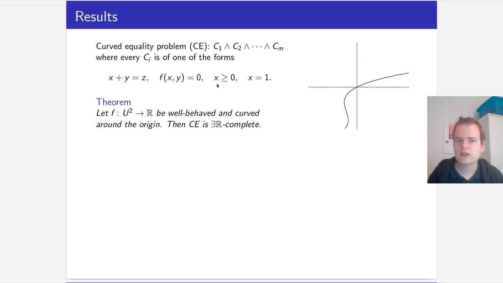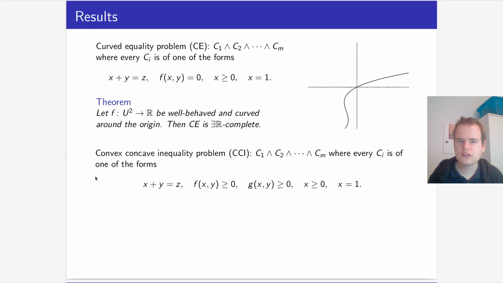In particular, if you look at the 0 set of f, then this should define a smooth curve through the origin. And furthermore, we need this curvature in the origin to be non-zero. So this is what we mean by curved. In a sense, it should be sufficiently nonlinear. And we show that if these properties are satisfied, then our problem is ER complete.